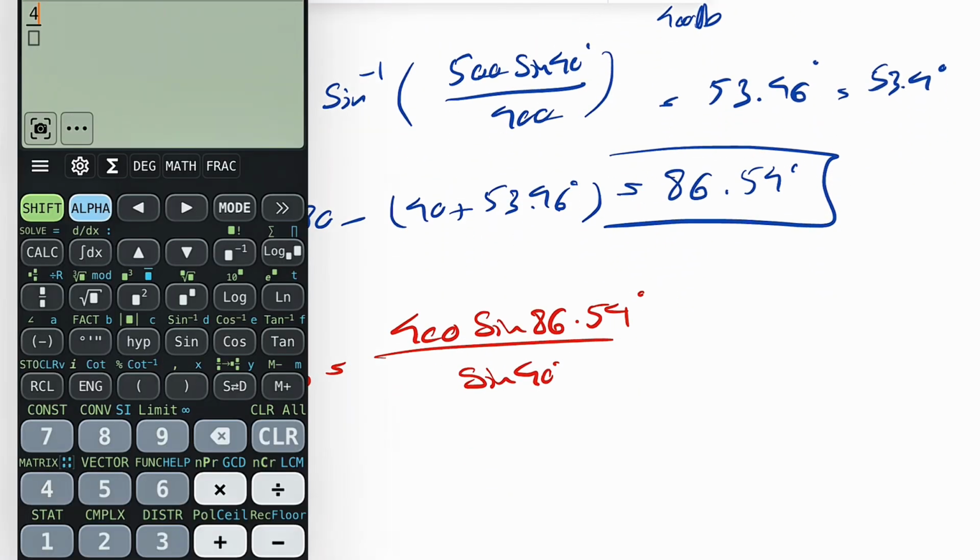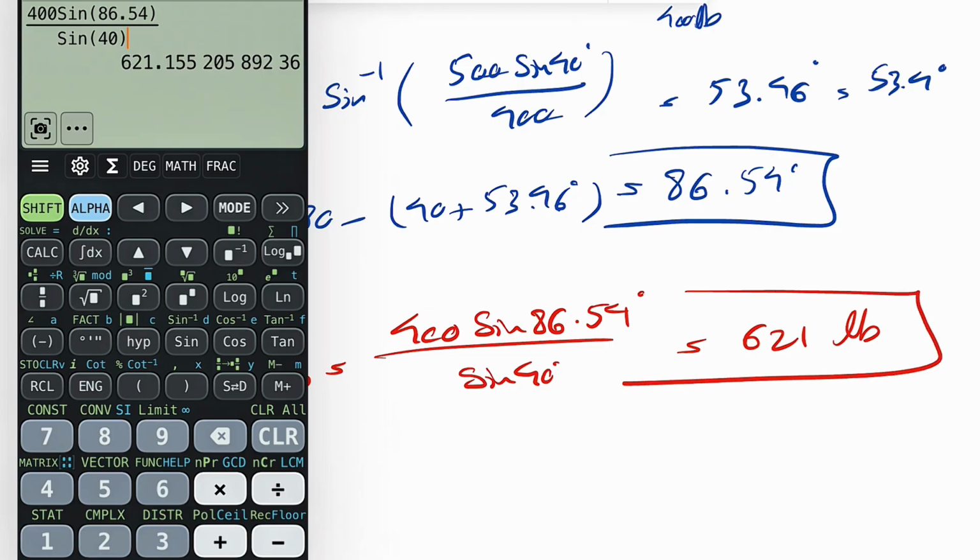And that's going to give us 621 pounds in 3 sig figs.